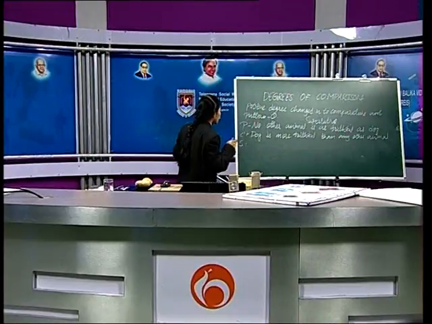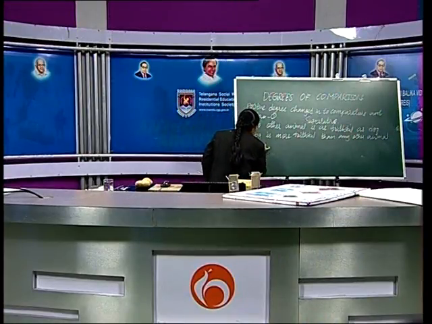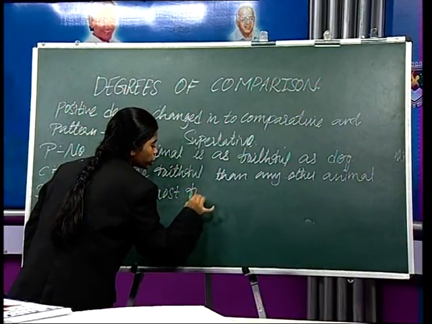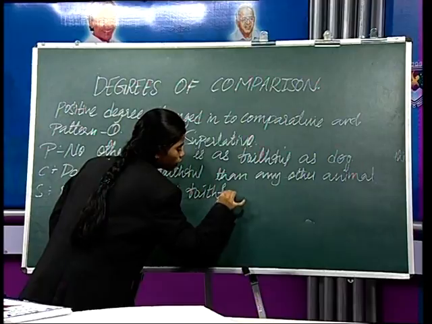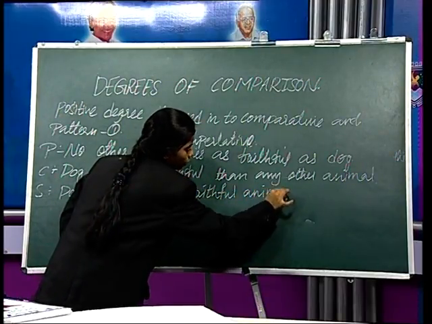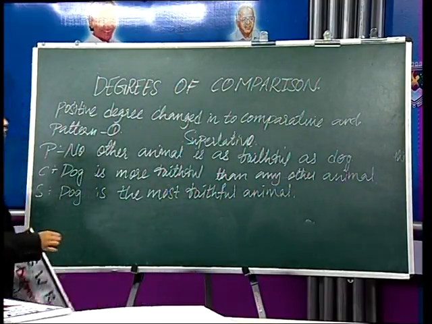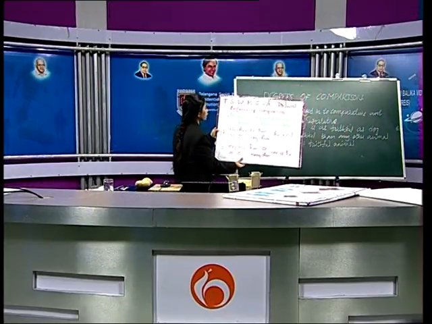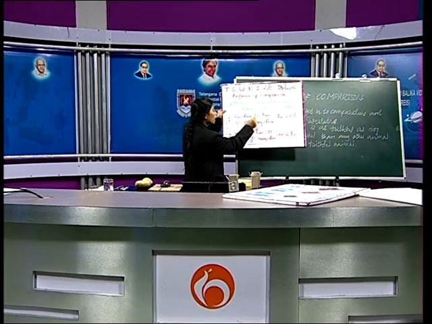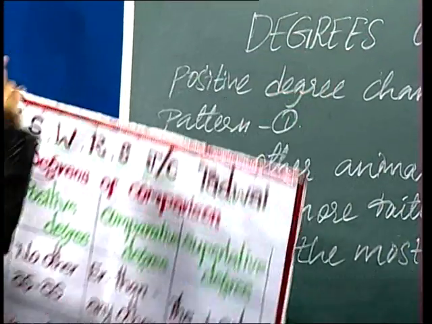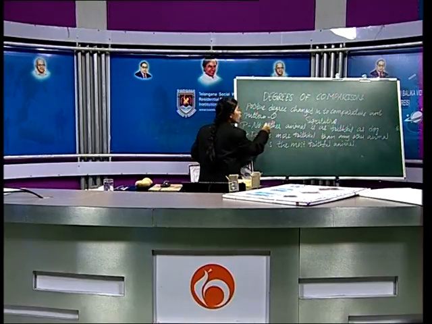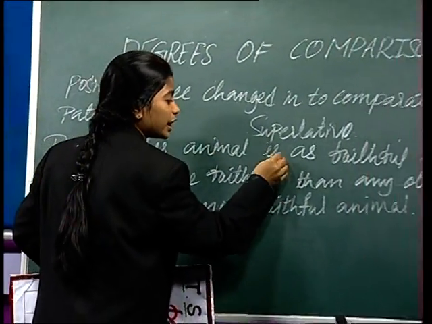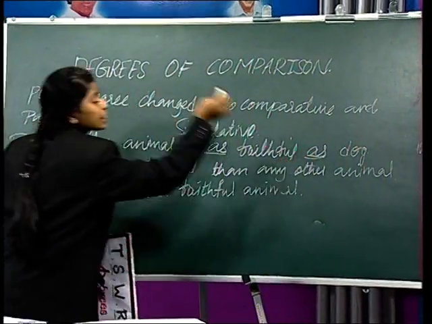So let us see the superlative. Dog is the most faithful animal. Okay friends, once observe the chart. This positive degree is formed when no other ... as is present. Look at the positive sentence: No other animal is as faithful as dog.